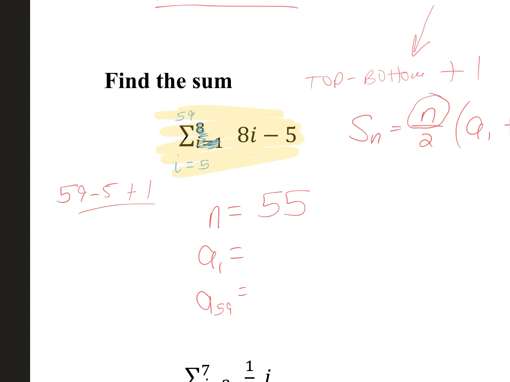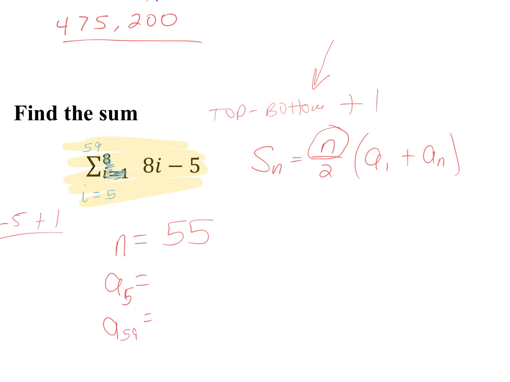All right, so how do I figure out what the first term of this is? I'm going to plug in 5, right? I'm going to plug in 5 because that's where my sequence is starting. But I have to figure out what that value is. It's not 5. It's what is the value when I plug in 5. So it's 8 times 5 minus 5.